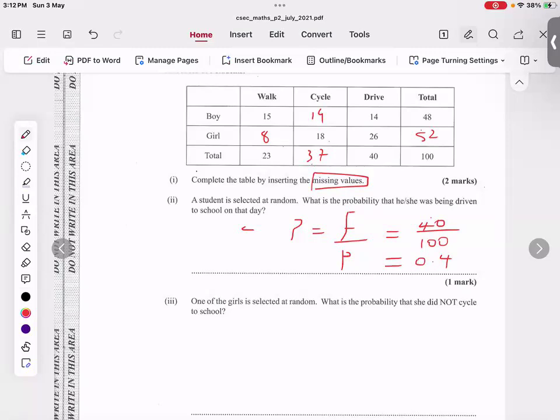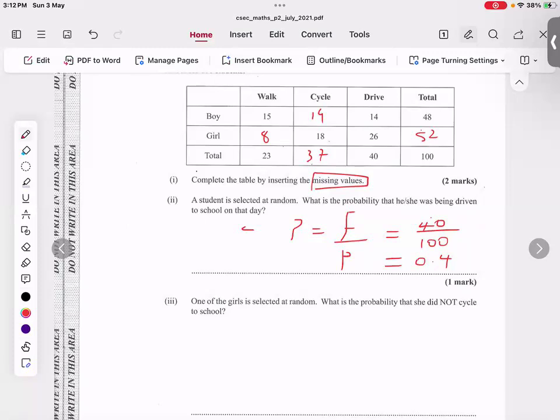All right. So one of the girls is selected at random. What's the probability that she did not cycle to school? So the question is, how many persons did not cycle to school? Say I add the 23 and the 40 and take away 37.